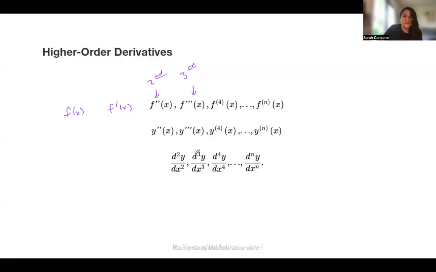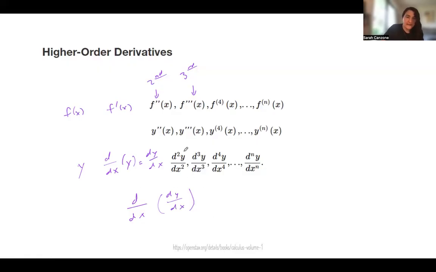And this is the slightly more confusing notation. So if you have y and you take the derivative with respect to x of y, this gives you dy dx. But if you try to take another derivative, so you take the derivative with respect to x of dy dx, what do we get?